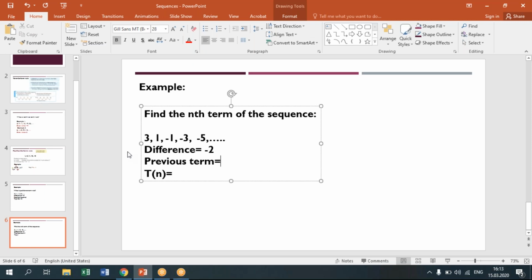What is the previous term before 3? Yeah, 5, because 5 minus 2 will be 3. Next, what is the nth term right now? If we know that the difference is negative 2, I will write minus 2n. And my previous term is 5, it's positive, so plus 5.